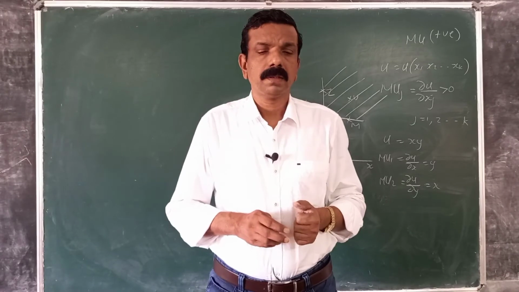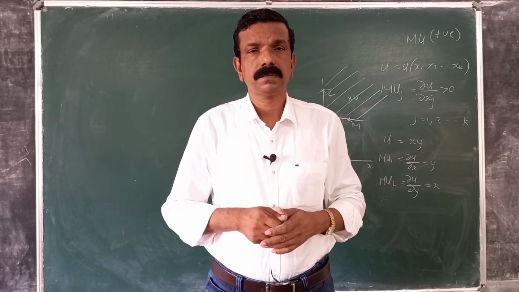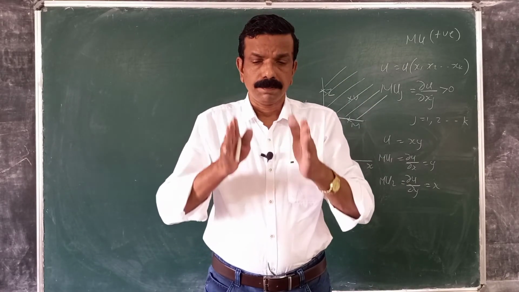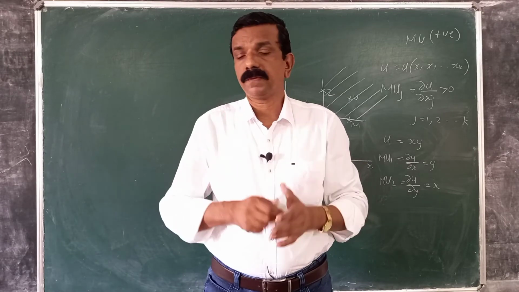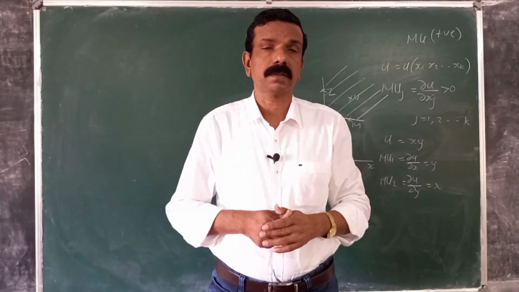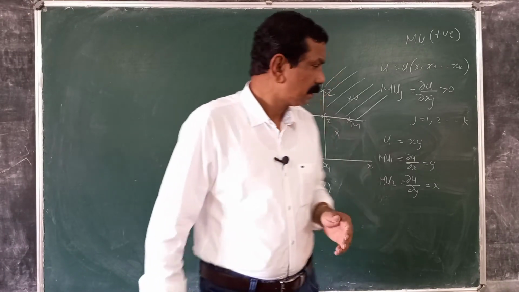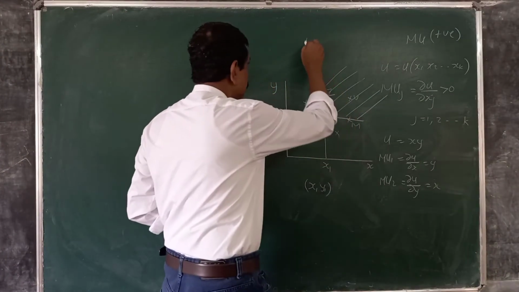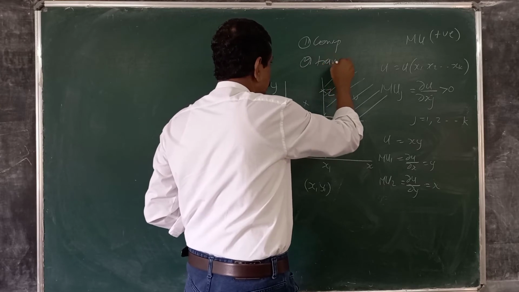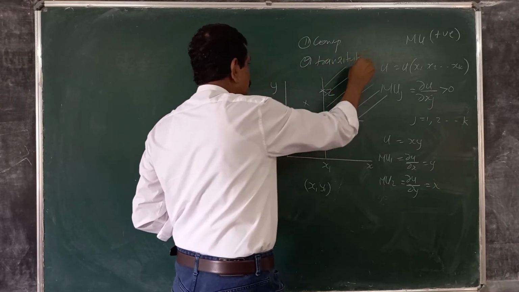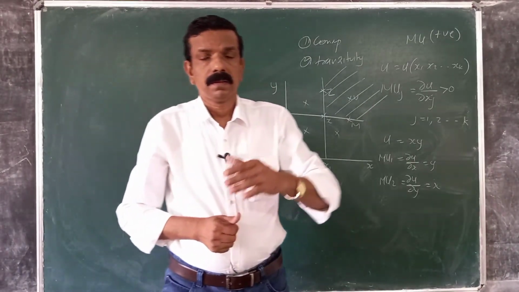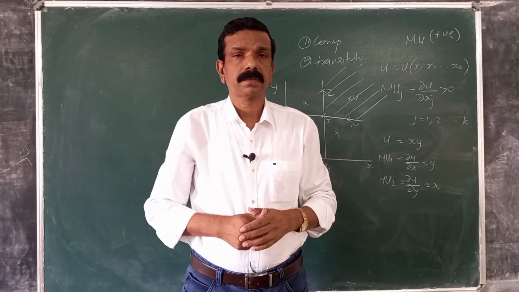Now, axioms 1 and 2, namely completeness and transitivity, provide the necessary assumptions for a consumer's preference ordering or ranking. Given the axioms of completeness and transitivity, a consumer can rank all the market baskets, all the commodity bundles.